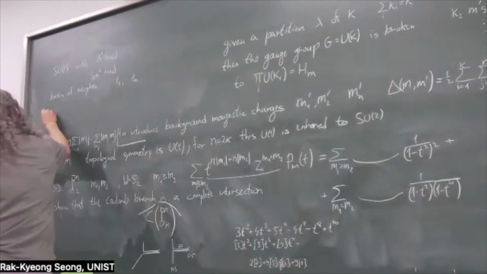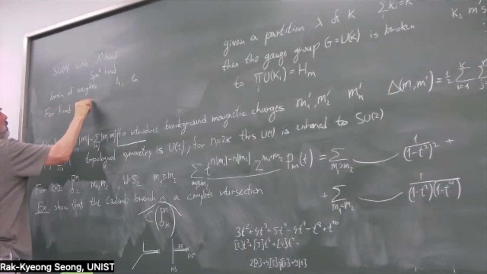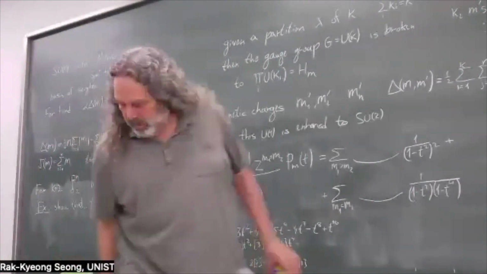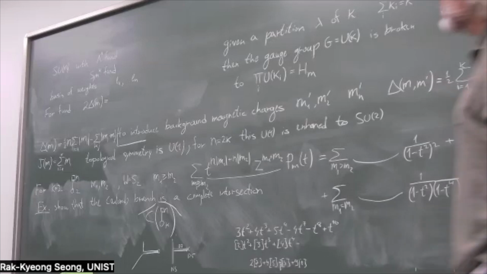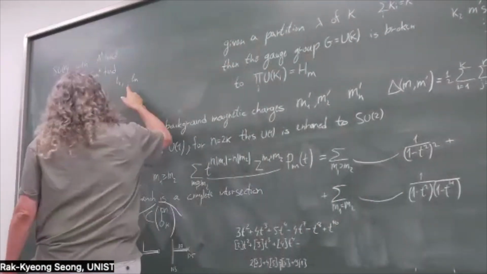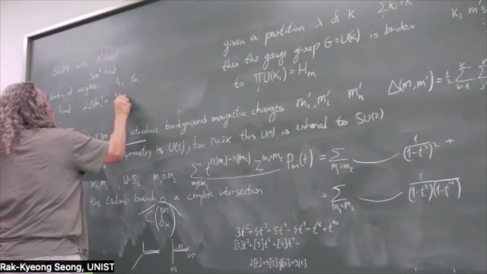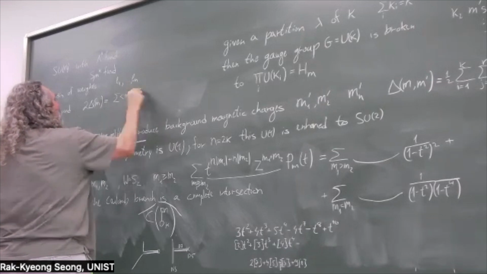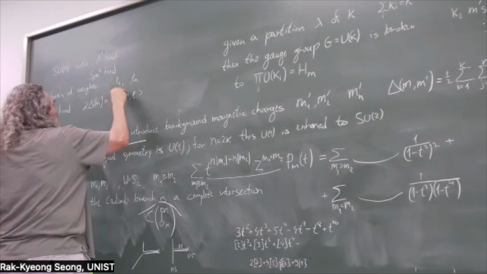So for the fundamental, that will be what we apply in the formula over there. We have m over all the weights. So the weights for the fundamental representation are just those guys. So we will have a sum m_i, i from 1 to n. This is an absolute value.